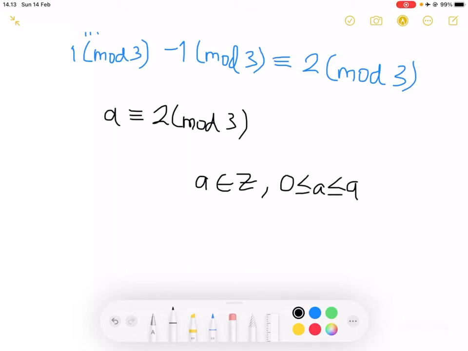We can look through these integers and see which ones, when divided by 3, have a remainder of 2. The possible values of a are either 2, 5, or 8. Those are the 3 possible solutions.